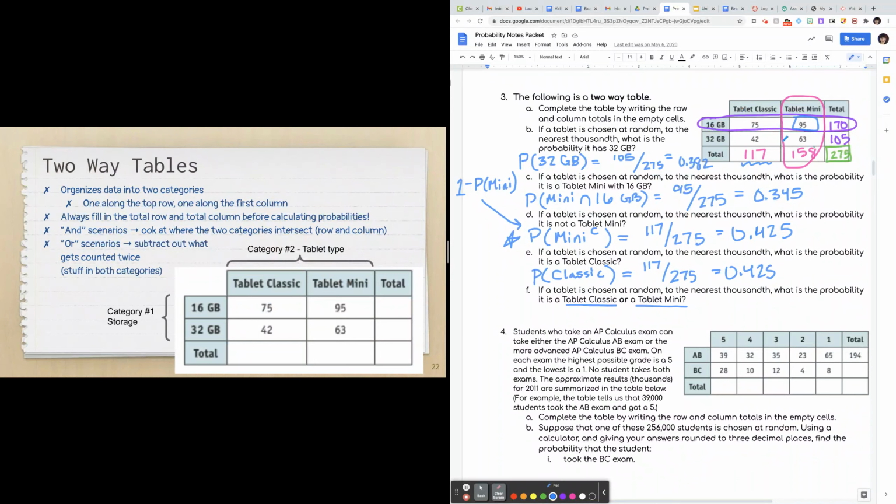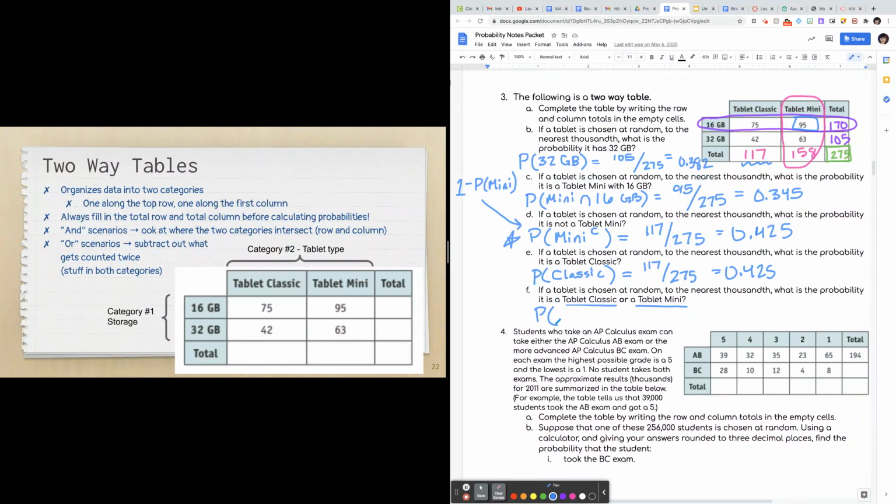Because they're separate. Those two categories don't overlap, okay? So the way that we usually figure out what that probability is, you would add those two categories together, right?